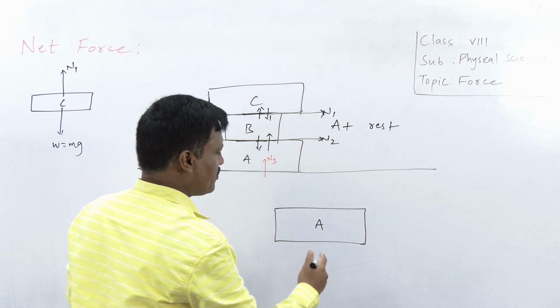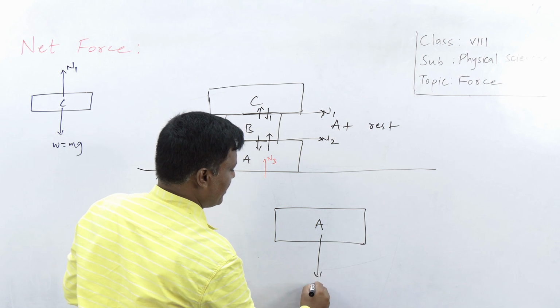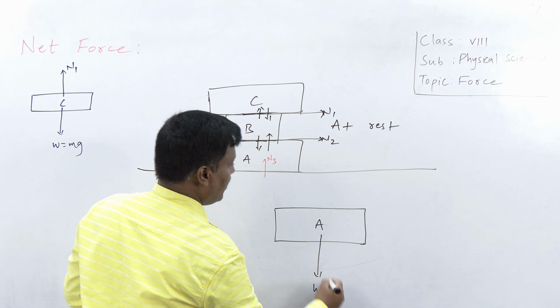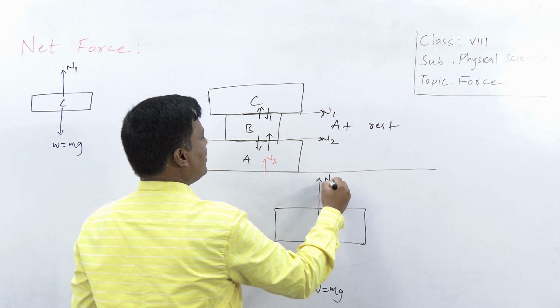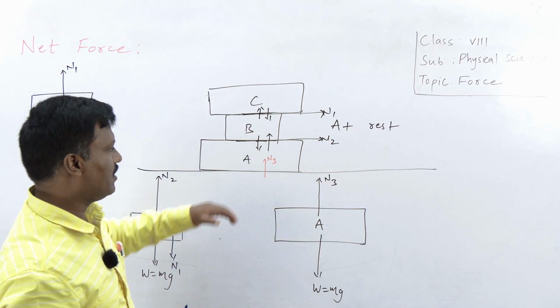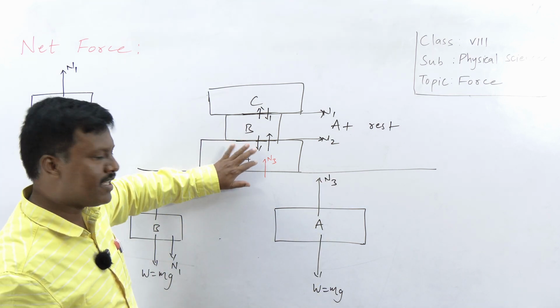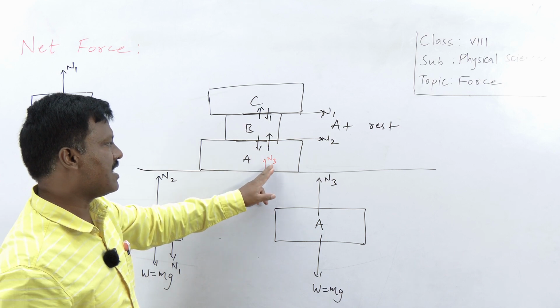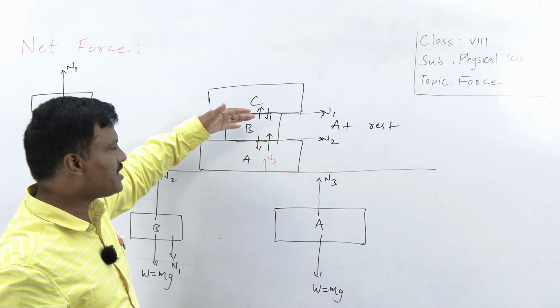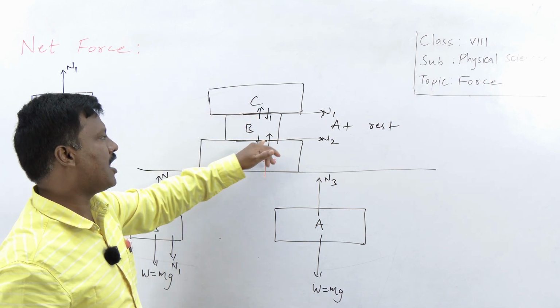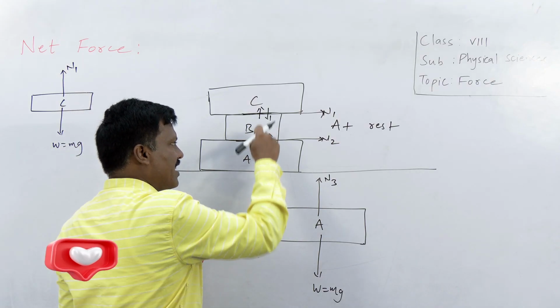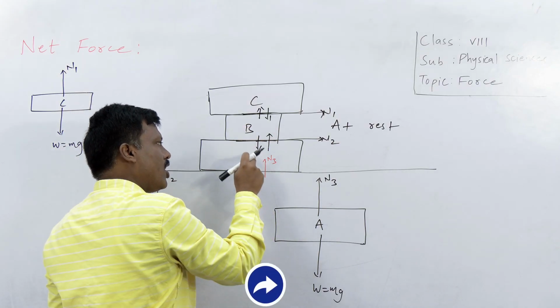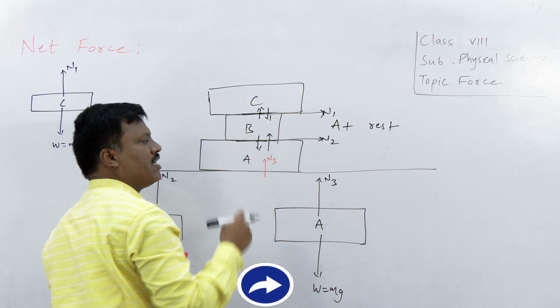The gravitational force is common, W equals mg. The other one is the floor's normal force in the upward direction, N3. Any other force? Yes. Due to the contact of blocks B and A, the normal force exerted on A is N2. What is the direction of that normal force on block A by block B? Downward direction.